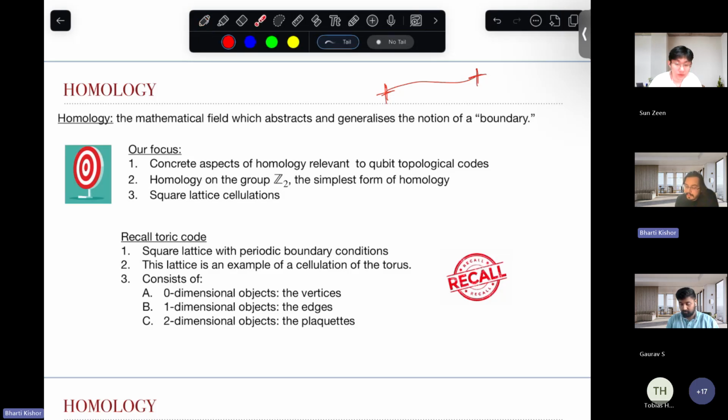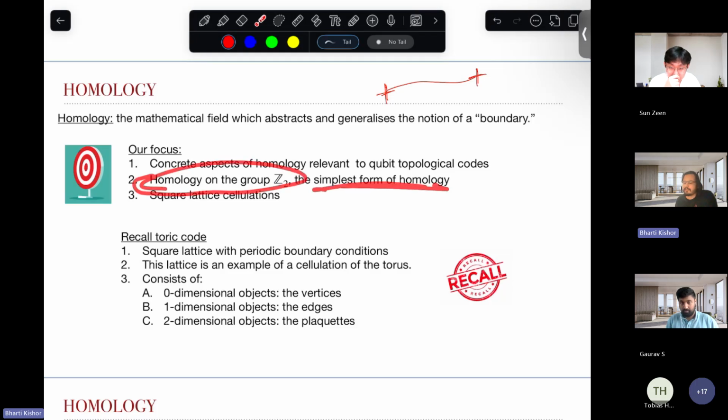So our focus will be something very simple. We will focus on aspects of homology relevant to qubit topological codes. You can focus on qudit topological codes also, but it will become more complicated. So we start with homology on the group Z2.